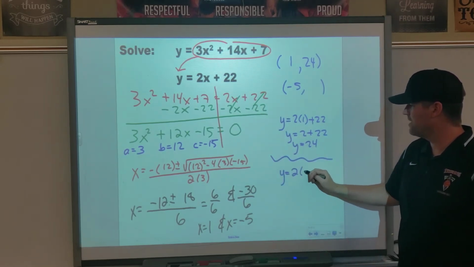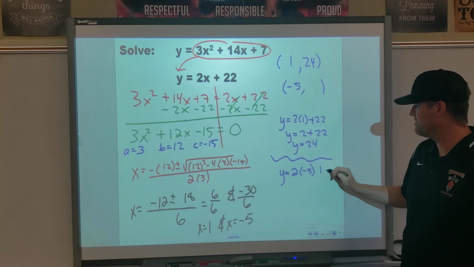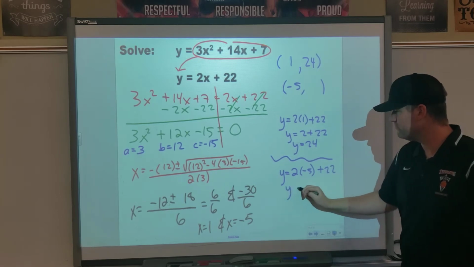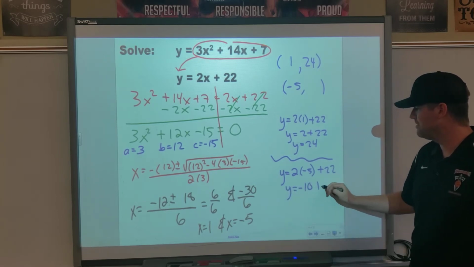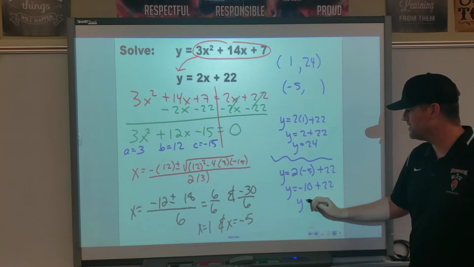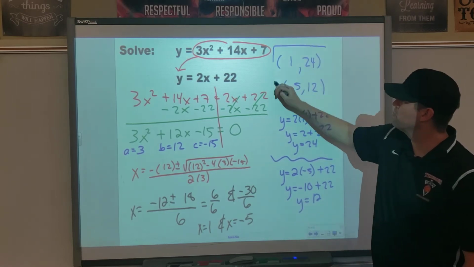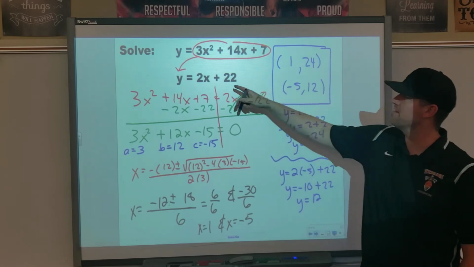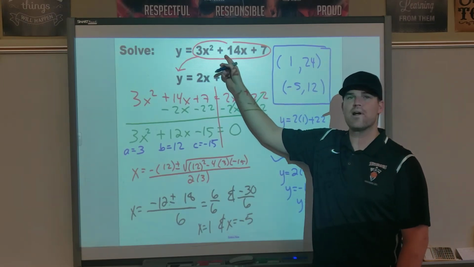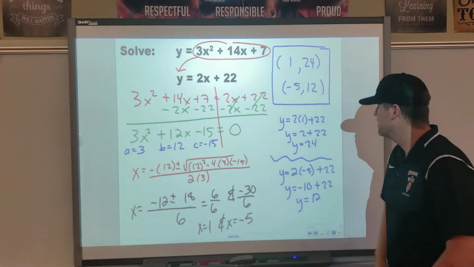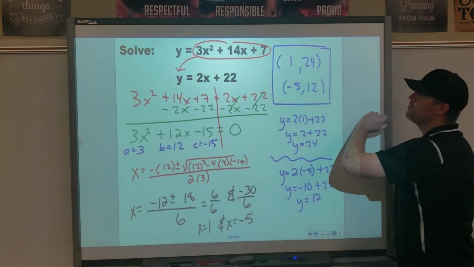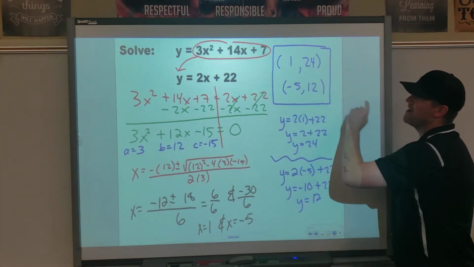So 2 times negative 5 plus 22, which is negative 10 plus 22, which is 12. So we end up with 2 solutions. That means that this line crosses through that parabola in 2 places. It crosses through at 1, 24, and at negative 5, 12.